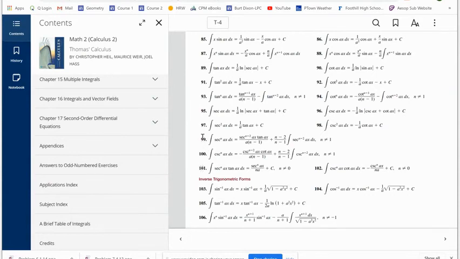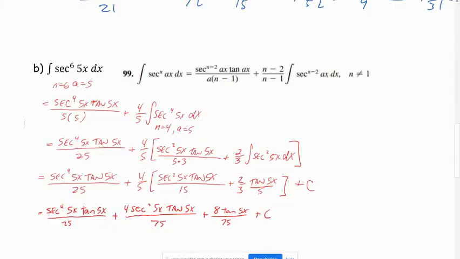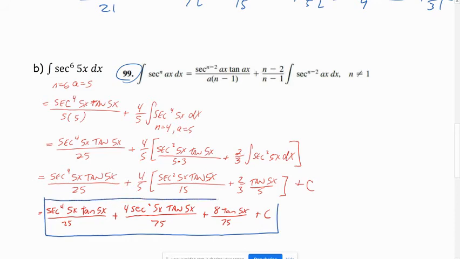So you can add those to your list of the ones that we had earlier. And so using formula number 99 with n equals 6 and a equals 5, you can see all the steps here. So you can check the final answer at the end, see if yours agrees with that. And if not, then go back through and look step by step and see where you might have done something a little bit differently.